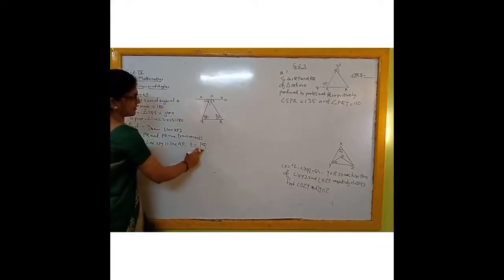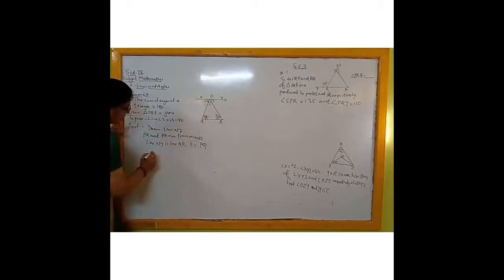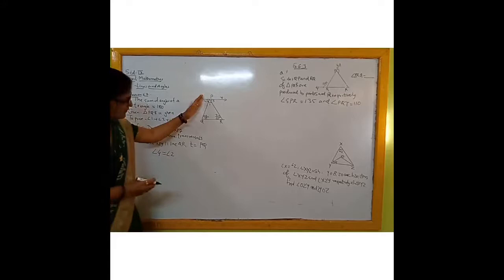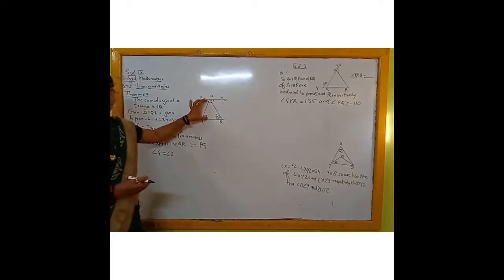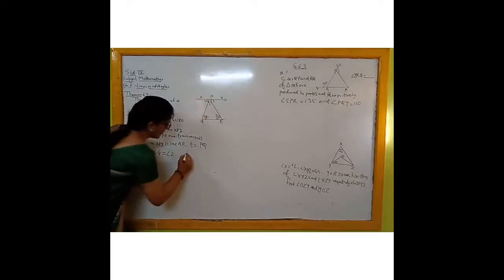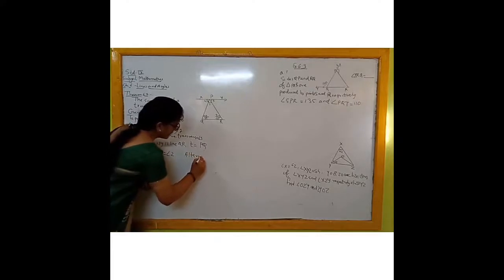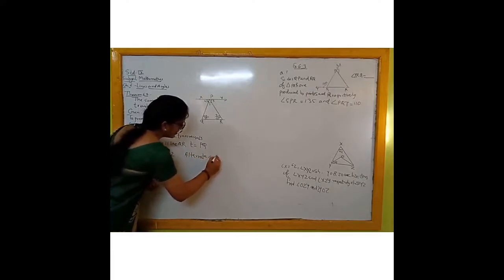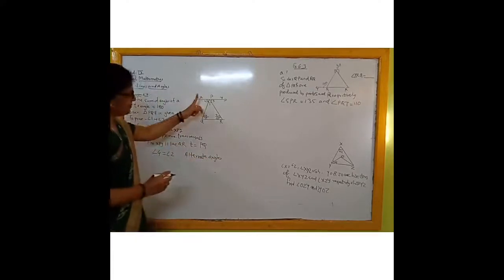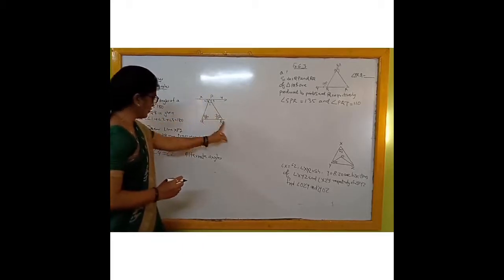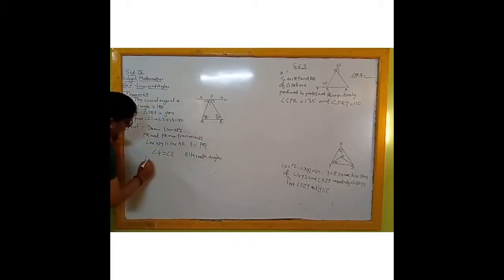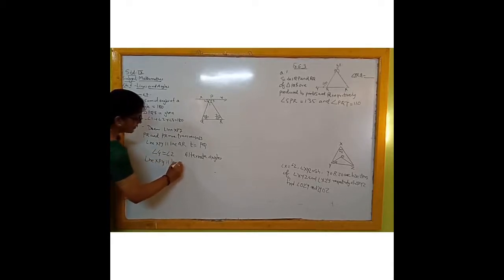PQ is the transversal. In that case, angle 4 is equal to angle 2. Why is angle 4 equal to angle 2? Because they are alternate angles. The reason for that is alternate angles. Now, next, line XPY is parallel to line QR.